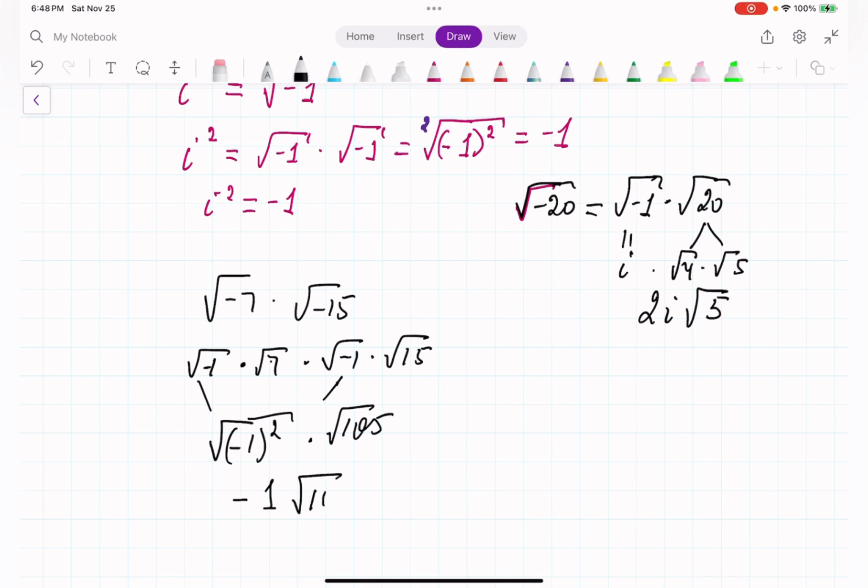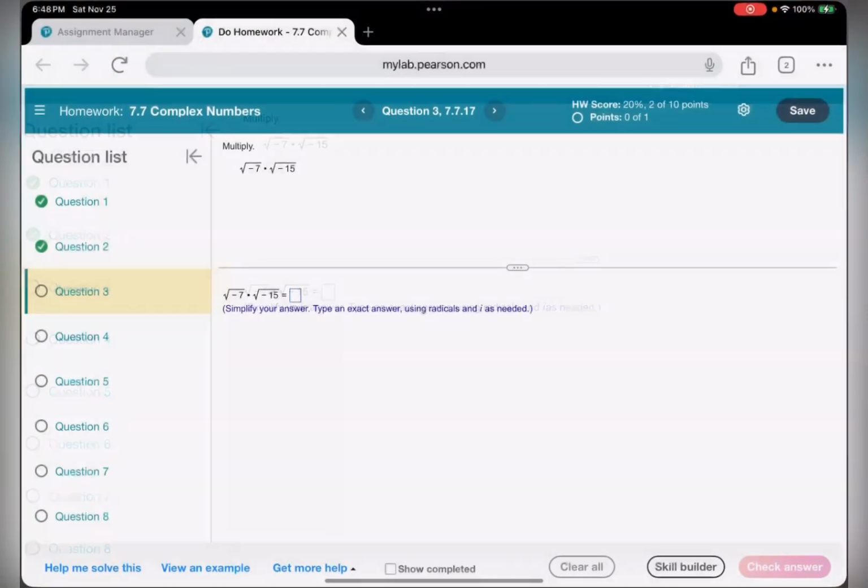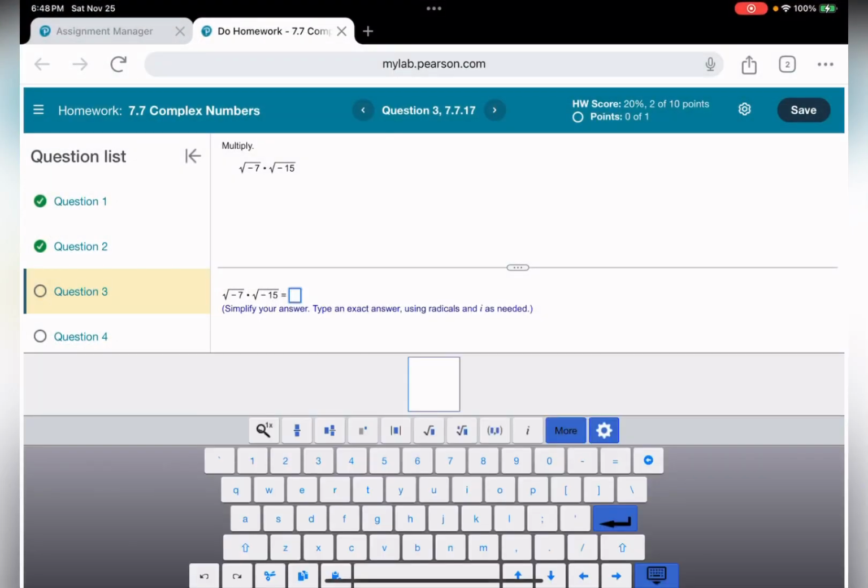And square root 105. So negative square root 105.